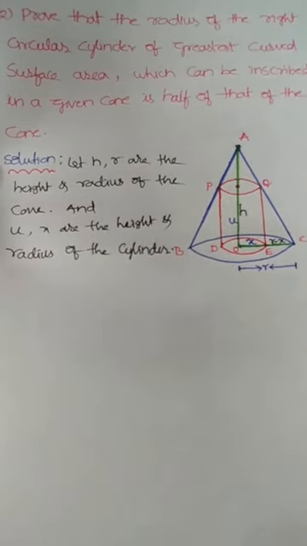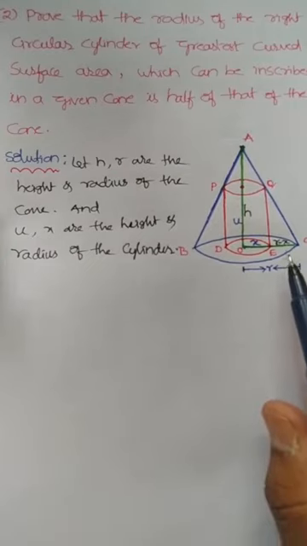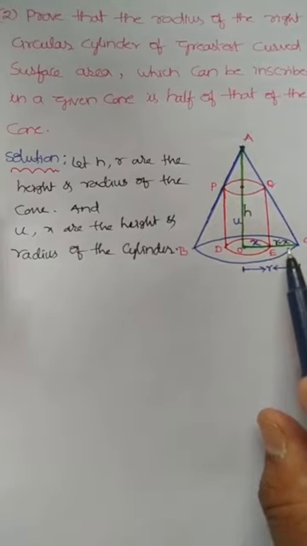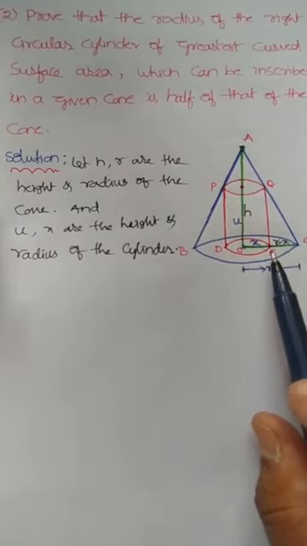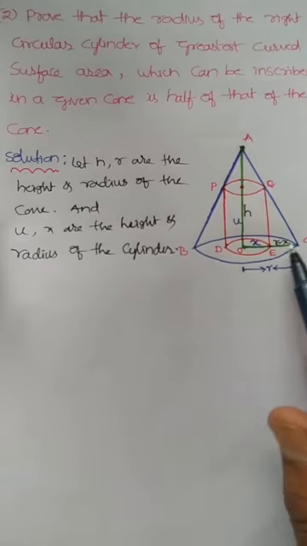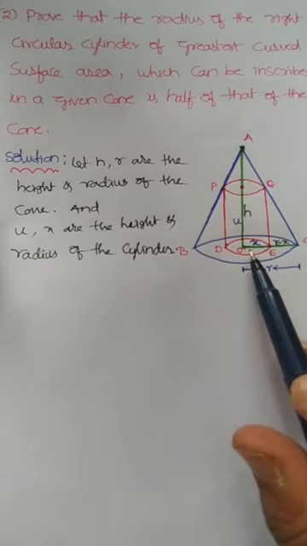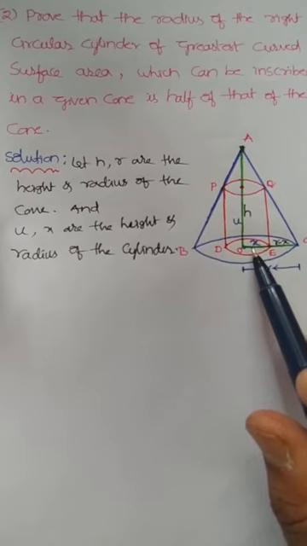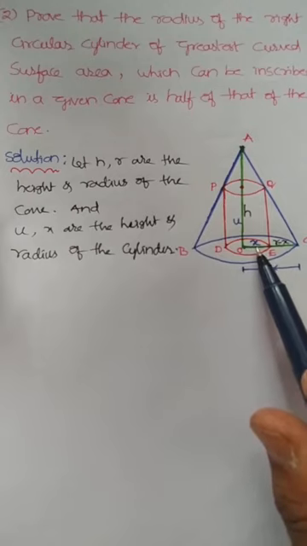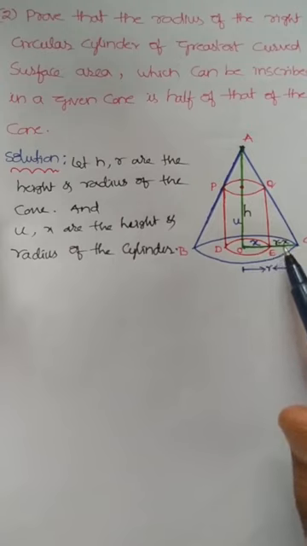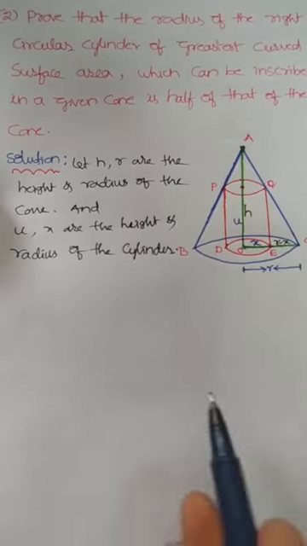Then the length of EC bar must be what? The total length OC bar is r, and OE bar is the radius of the cylinder, which we assumed to be x. So CE bar must be r minus x.